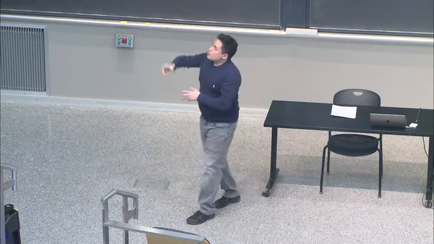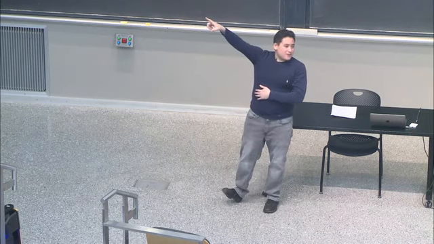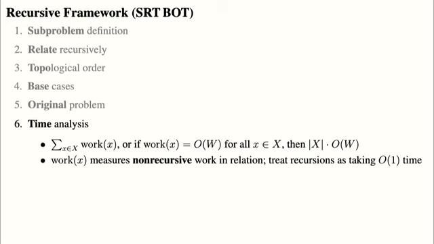And then the work done by each subproblem is usually the size of the thing I'm maximizing over or minimizing over or summing in my relation, right? It's going to be the size of the branching that I have, the number of subproblems I depend on. And so the number of subproblems, you probably look at your subproblem statement definition. To find the work done by each subproblem, you look at your recursive relation.